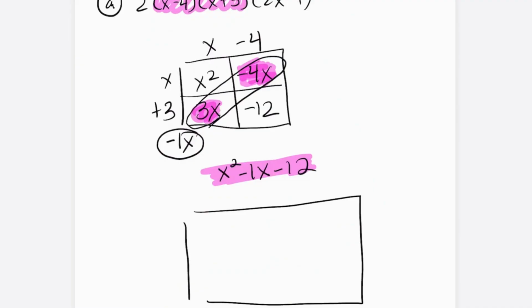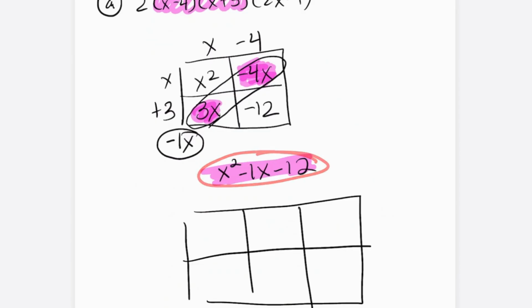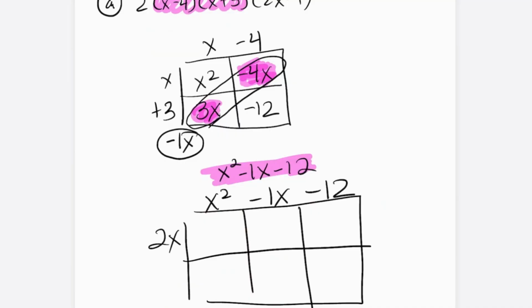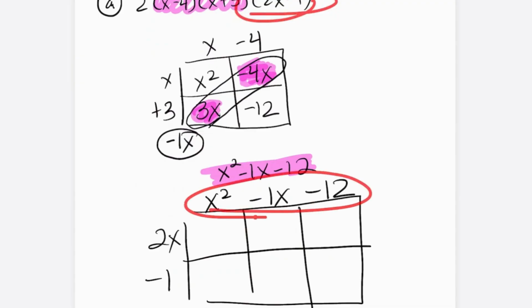This time we're going to make 3 columns and 2 rows because this trinomial has 3 terms, so we need 3 columns. And then I'm going to write x squared minus 1x minus 12, and then 2x minus 1. So now I'm focusing on this factor here and this trinomial here.